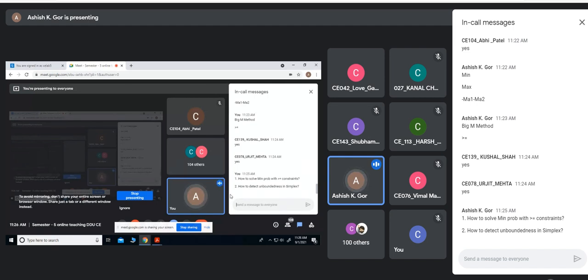In earlier lectures, we have seen what unbounded is: I can increase x1 and x2 indefinitely and get better and better values, so I have no true optimum. I can go on again and again and get infinity in that direction. That is unboundedness. Graphically you can detect it, but how to detect it using the Simplex method? So let us see that.